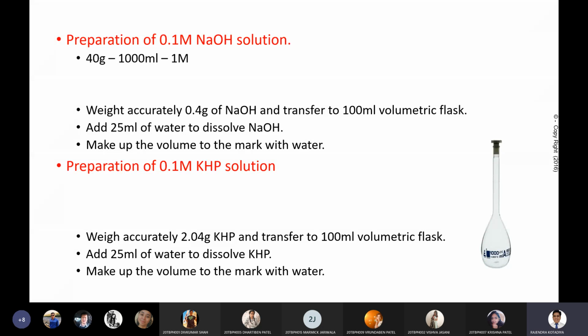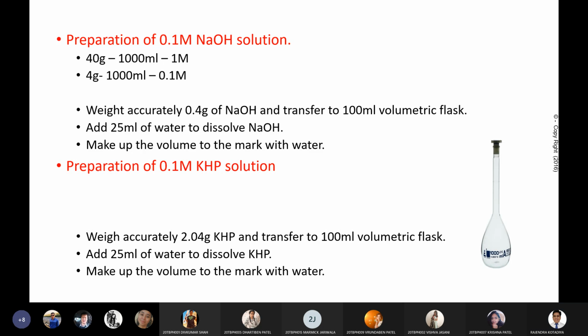Find the molecular weight, or the molar mass, of that substance. Take that molar mass in grams and dissolve it in 1000 ml, and that solution automatically becomes 1 molar. So for NaOH, when you dissolve 40 gram in 1000 ml, that solution is 1 molar.